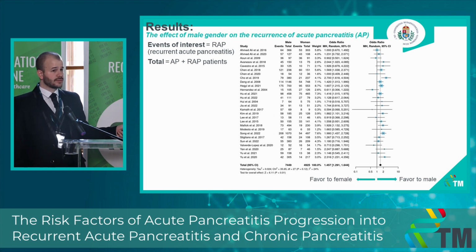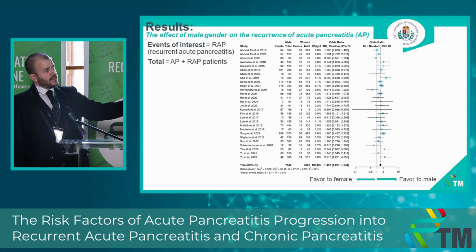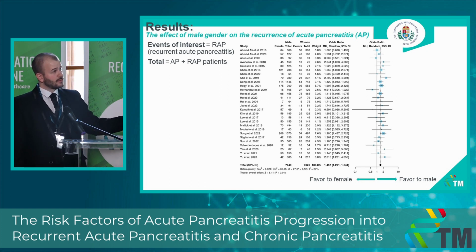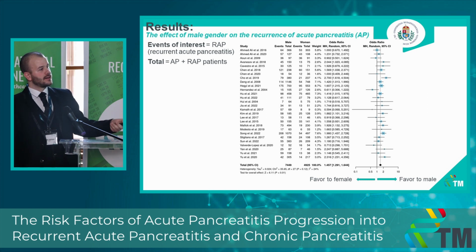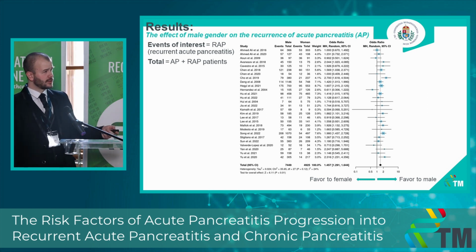On this first forest plot, we investigated the association between male gender and the risk of recurrent acute pancreatitis. 28 retrospective and prospective cohort studies were included in the analysis.